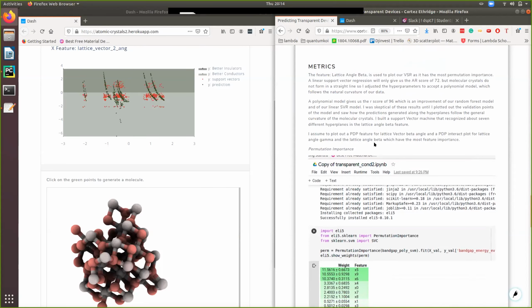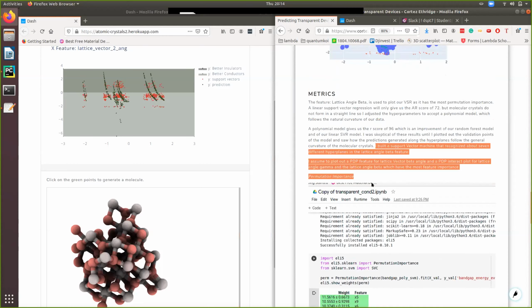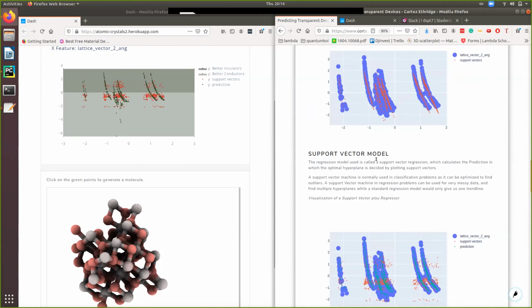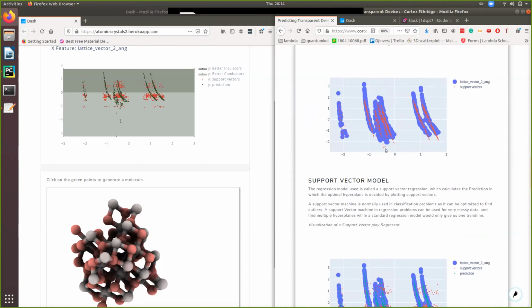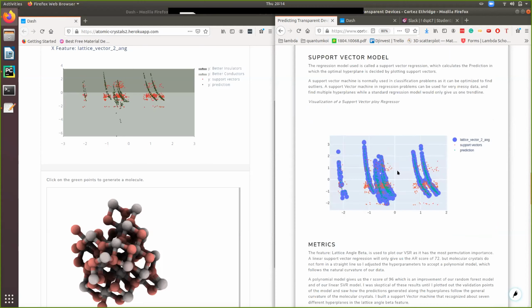I started with a linear vector model with just 0.72 R squared, but since these crystals aren't linear, I used polynomial kernels and tuned hyperparameters, so it's more accurate at 0.96 R squared.